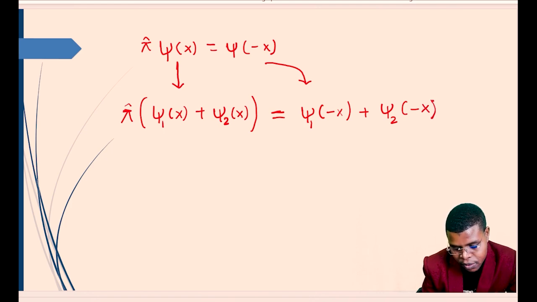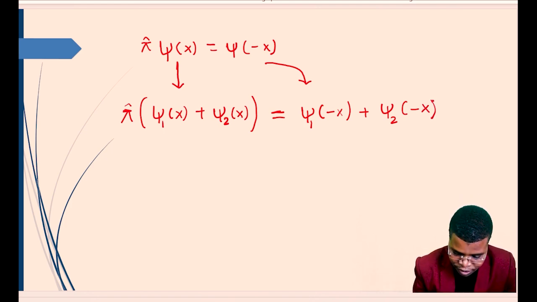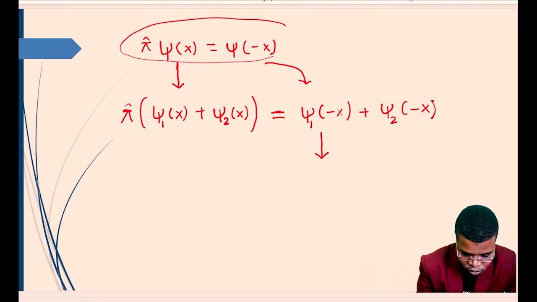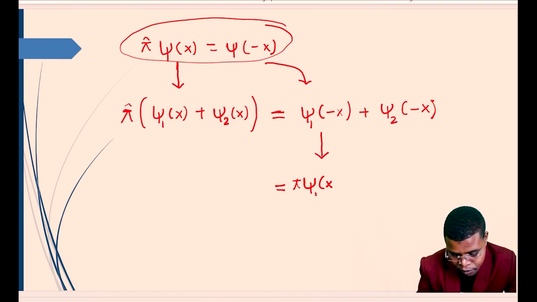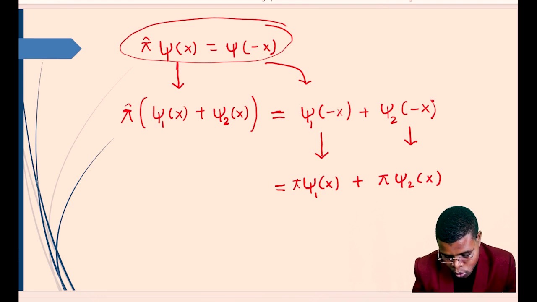According to the definition of the parity operator, we know that ψ(−x) is equal to Πψ(x). So ψ1(−x) is equal to Πψ1(x). Similarly, ψ2(−x) is equal to Πψ2(x).